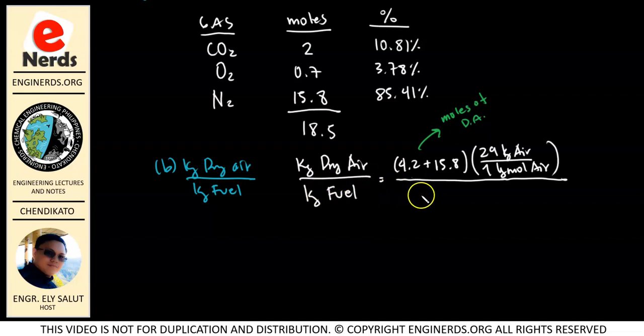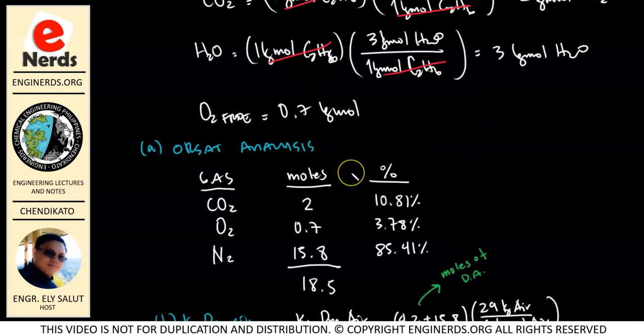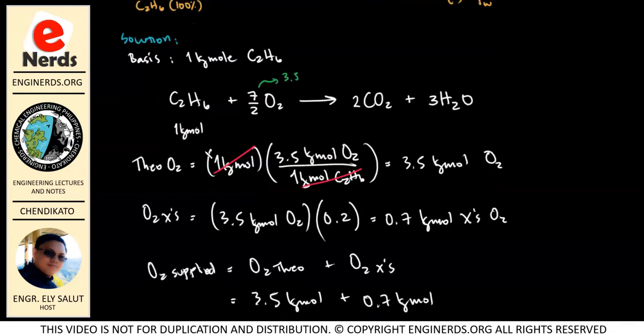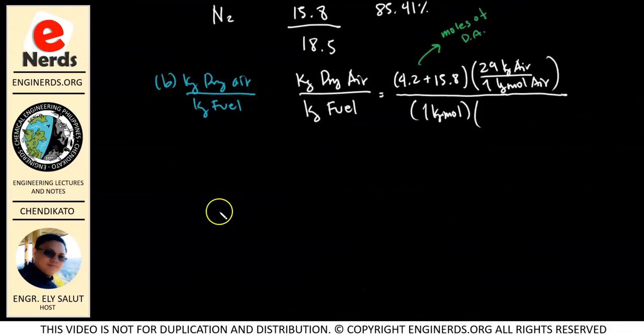Now the weight of our fuel. So we know that our fuel, which is C2H6, is our basis, which is 1 kilogram mole. So how much is the molecular weight of our fuel? So we have C2H6, right? So the molecular weight of C2H6 is, okay, let me go down, we're missing it. We have C2H6.